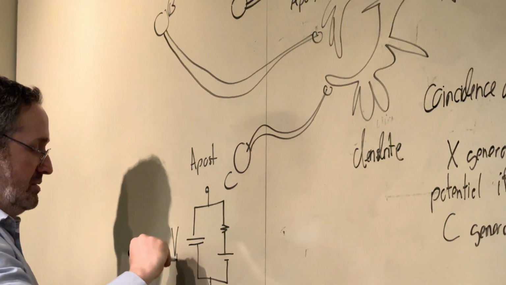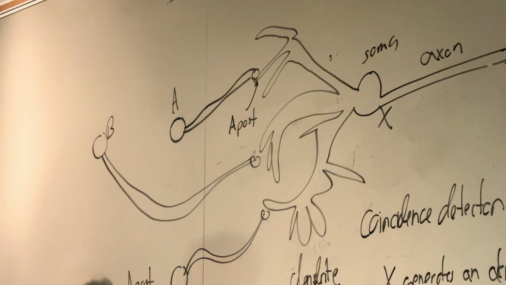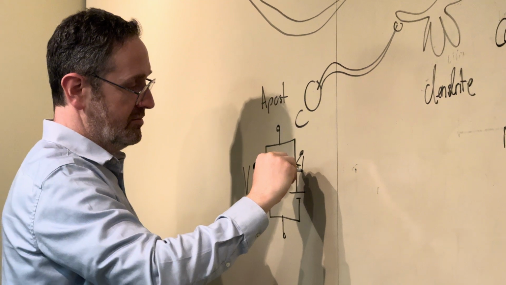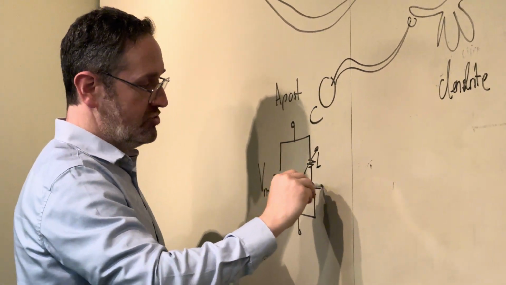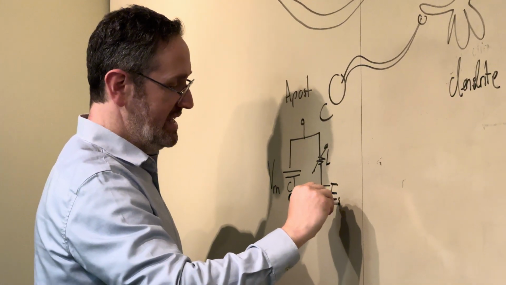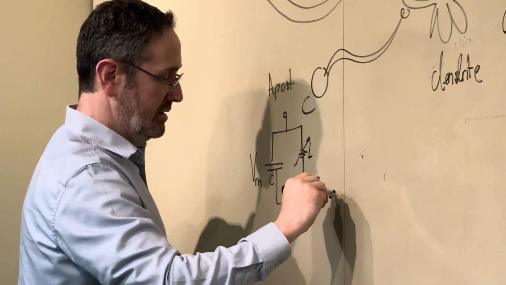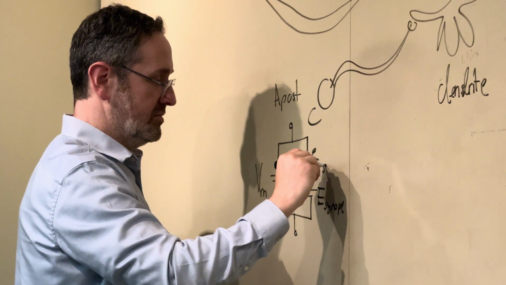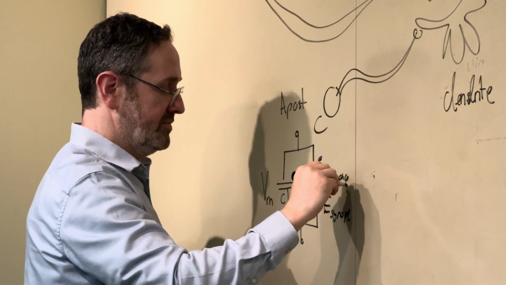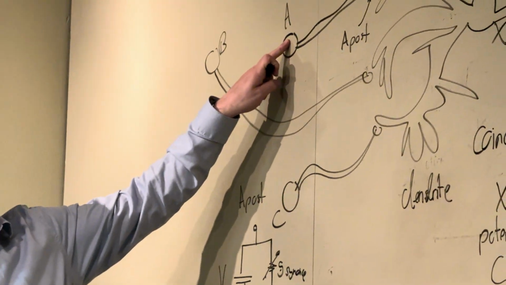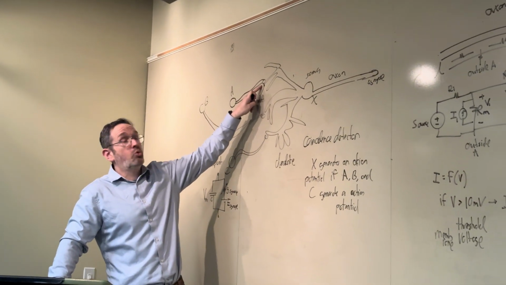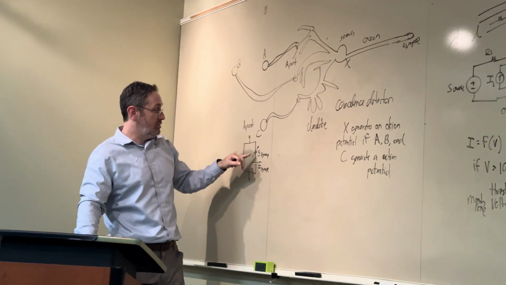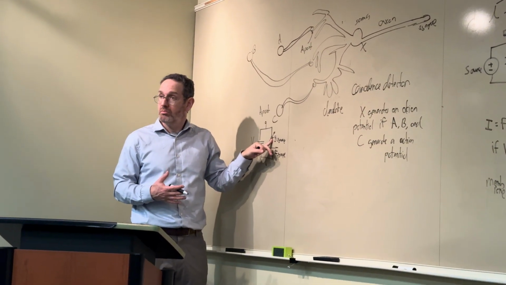It has a VM. This is a capacitor. This is the ligand-gated ion channel. This is some battery, I'll call this E synapse. Just call this G synapse. What happens is when this generates an action potential, it squirts its chemical here. This chemical makes this open up.